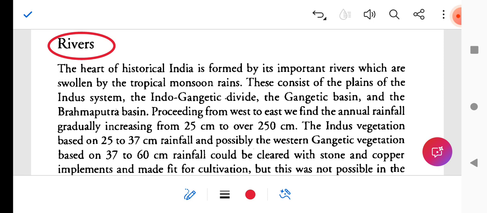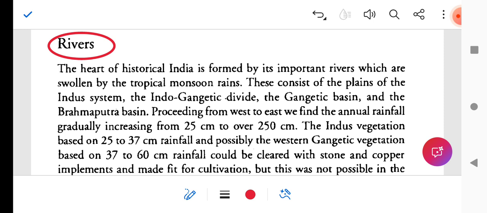Like the Ganga river, which captures most of the populous area in the country. So rivers are the most important component of geographical or landform boundaries, or part of landforms.